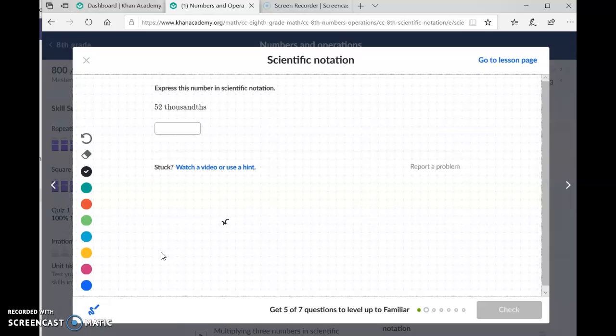It starts with tens and hundreds. So that would be tens, hundreds, thousands. Okay, and then it says write it in scientific notation. So basically I got to get this decimal between the 5 and the 2. Okay, so I'm going to use a little yellow here. So I need this decimal to be 2 spaces over.